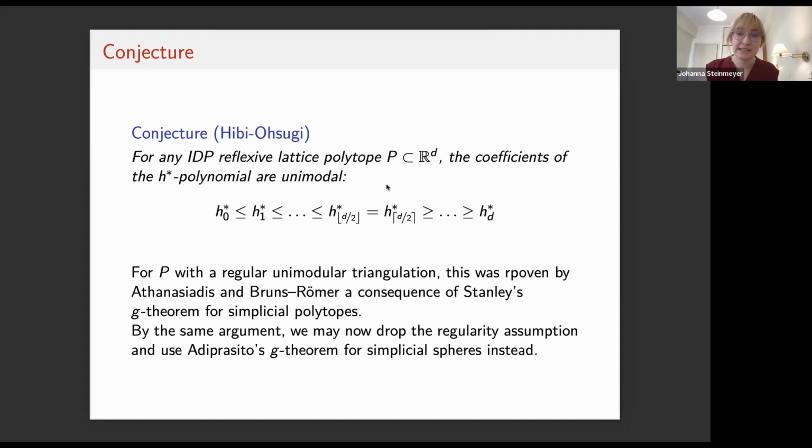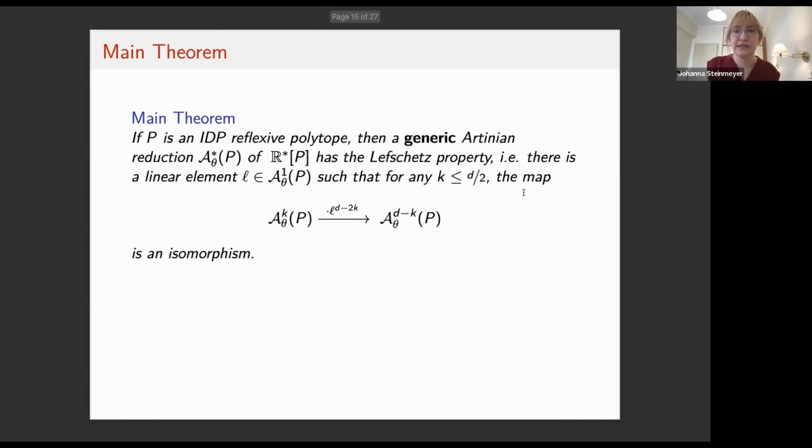But in order to do that, we need something specific on the thetas, right? I said that this LSOP is very important, and it's important in the following way. Main theorem, the Lefschetz theorem.